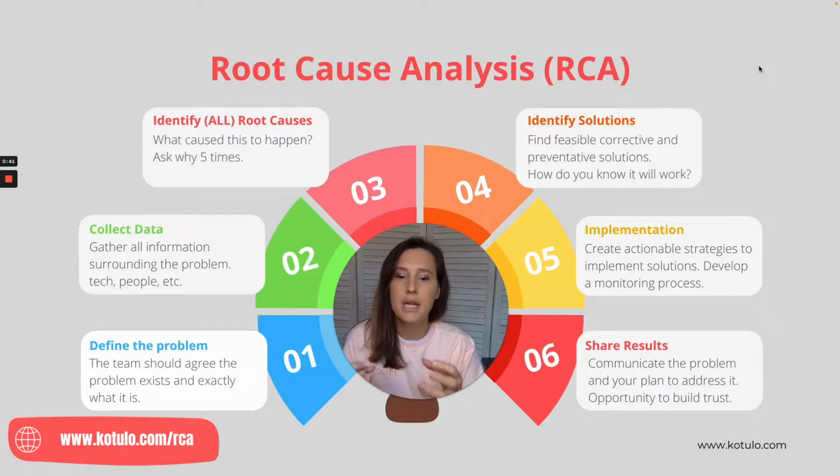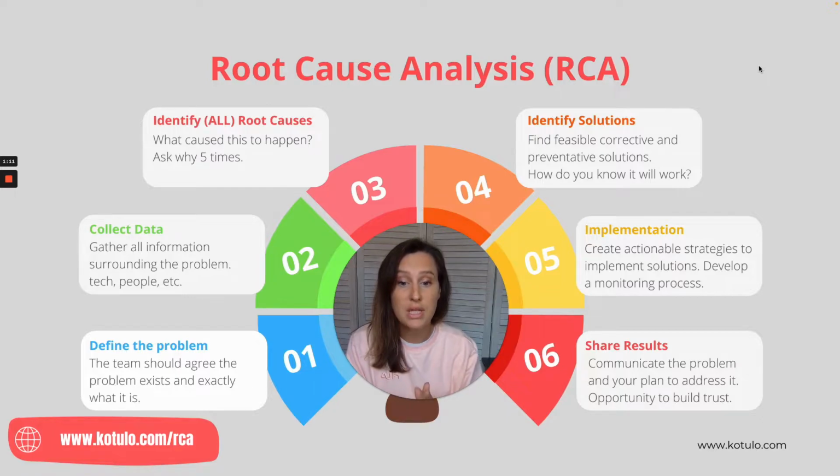So maybe not necessarily internal problems, but if something external negatively affects your community, or paperwork got mixed up that had somebody's information on it, like HIPAA information, or if something happened at an event where somebody got hurt, something substantial that actually affects the community you serve, you want to sit down and do a root cause analysis.